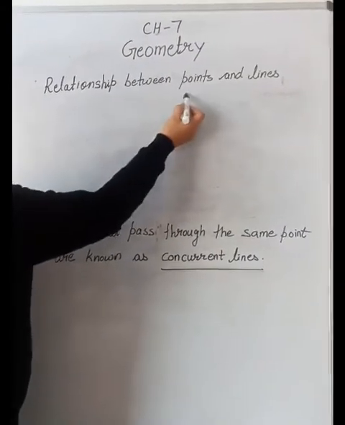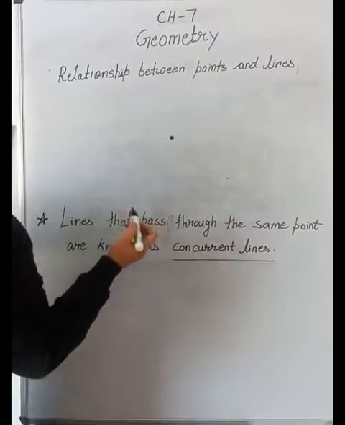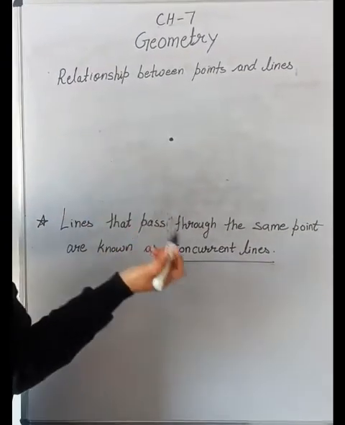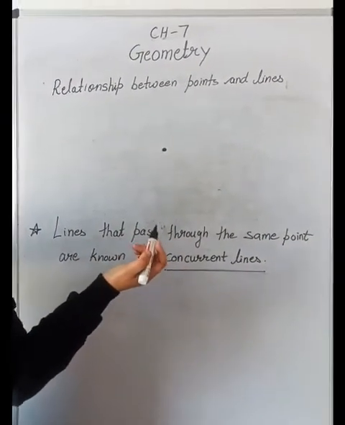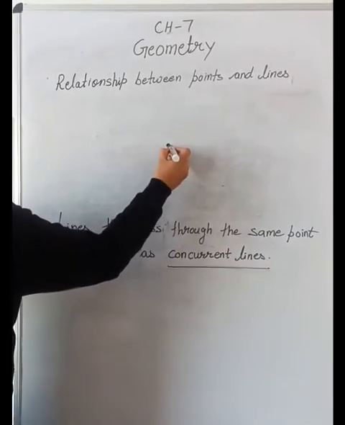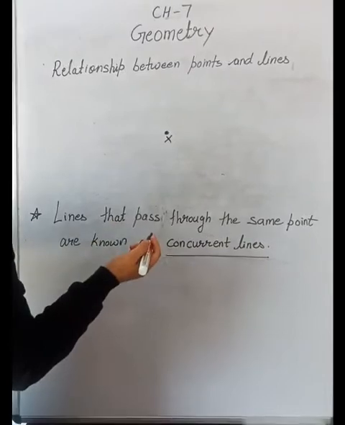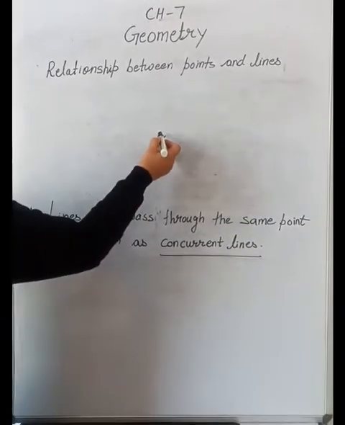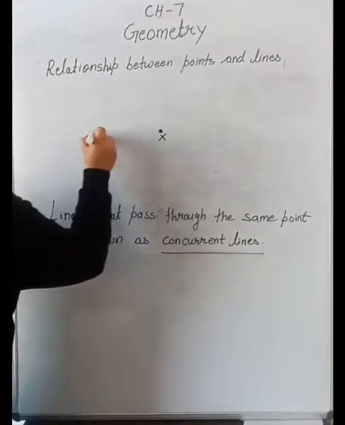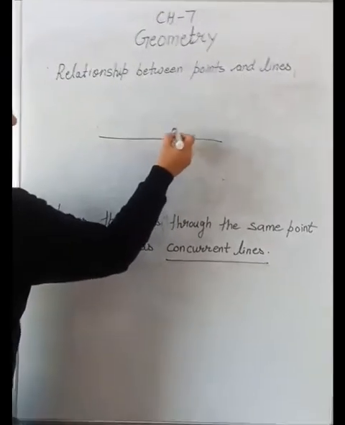Relationship between point and lines. Now how many lines can be drawn through a point X? This is a point X. We can draw an infinite number of lines passing through this point. We can draw like this, passing through this point.